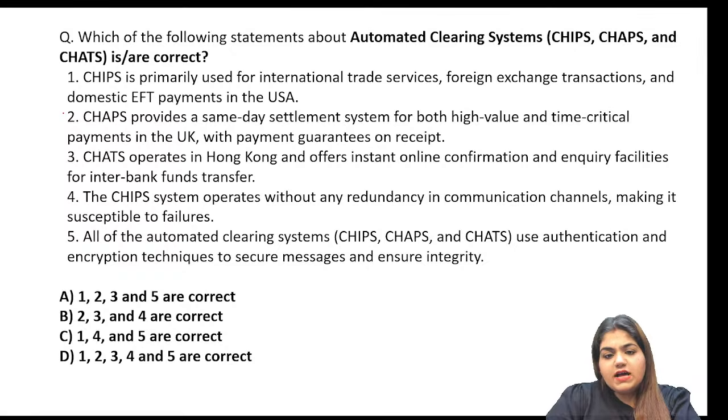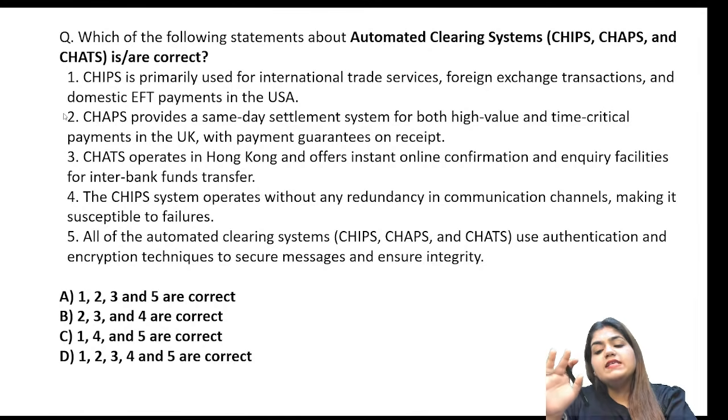The CHIPS system operates without any redundancy in the communication channel, making it susceptible to failure. CHIPS uses a dual system and redundancy for protection against failure, making this statement incorrect. It is a dual system and there is redundancy in communication.